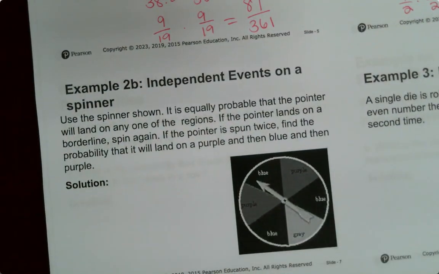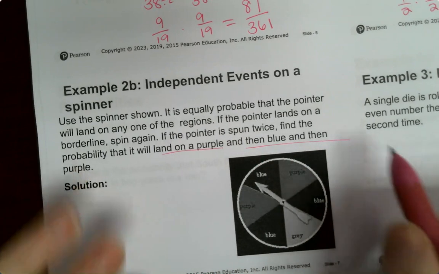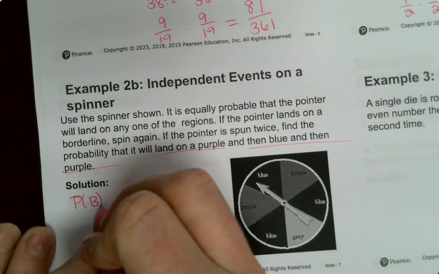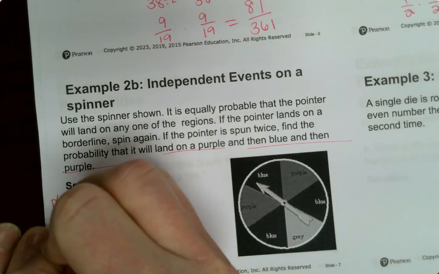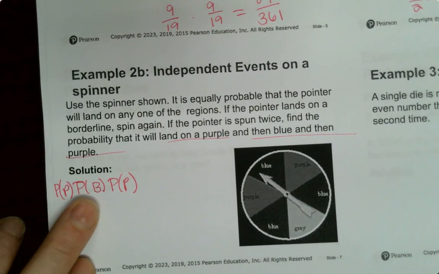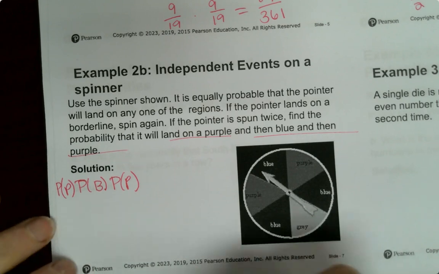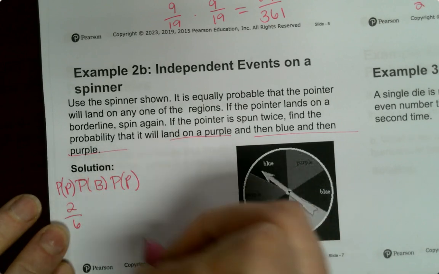Here's another spinner example. Probability they'll land on purple, and then blue, and then purple. Oh no, purple first. There we go. Probability of purple, then blue, then purple. But the order really doesn't matter for writing down probability. So purple, there were 2 out of the 6.